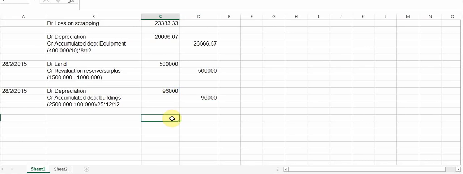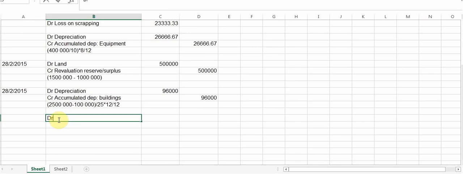Right, the second step is now to go and de-recognize this asset, because it is quite important that we take it out of our books when it no longer belongs to us. So we're going to start again by debiting the accumulated depreciation. And now we need to be careful.